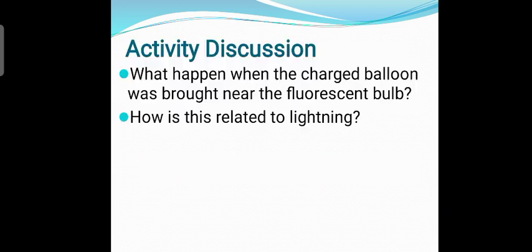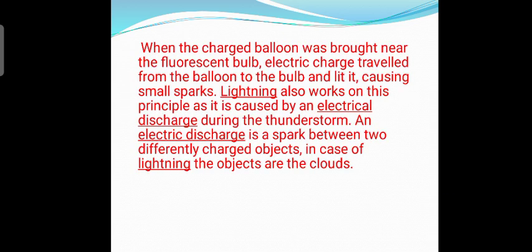Now let's see. What happened when the charged balloon was brought near the fluorescent bulb? How is this related to lightning? See, when the charged balloon was brought near the fluorescent bulb, electric charge traveled from the balloon to the bulb and lit it, causing small sparks.